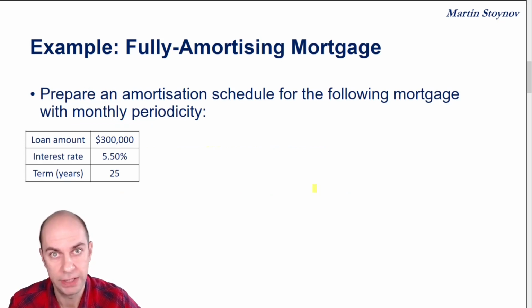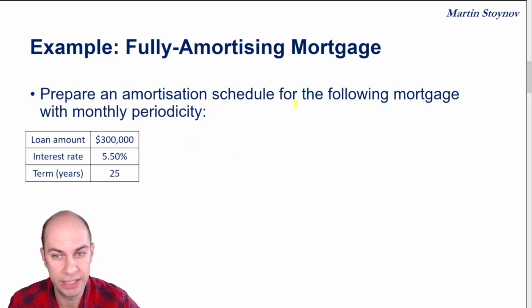As promised, let's actually do a mortgage computation. We're going to look at this fully amortizing mortgage and try to prepare an amortization schedule in Excel. And also, we're going to use our beloved Texas Instruments calculator to show you how you can do that there.